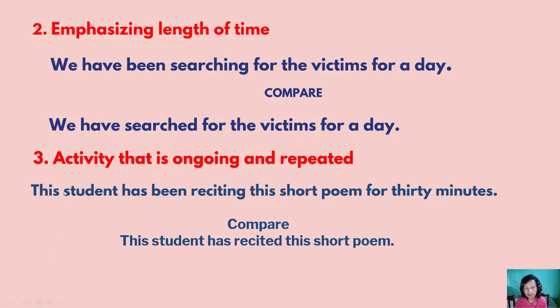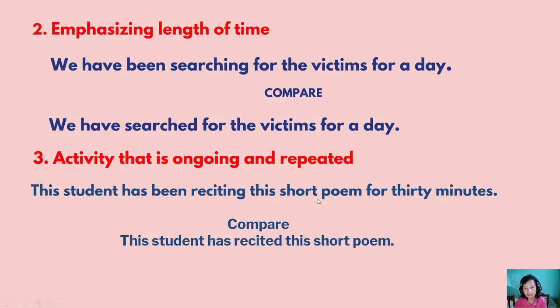In present perfect continuous, this student has been reciting this short poem for 30 minutes. It means that we want to show that this one student is reciting again and again for 30 minutes, and he or she is still doing it.